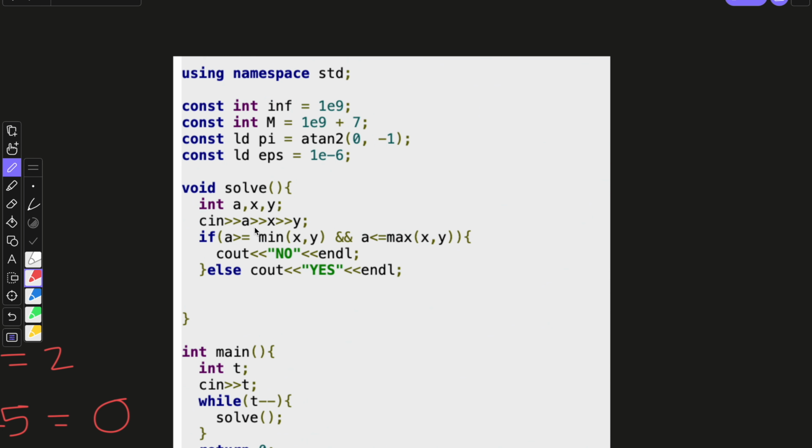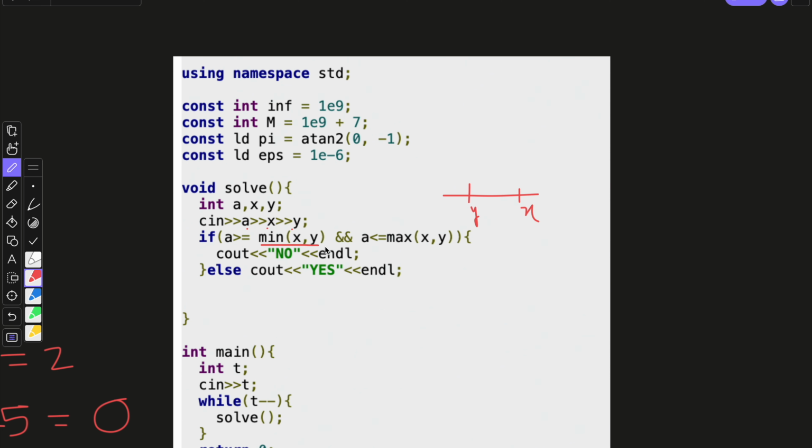Okay, so we are going to input a, x and y. If a is greater than or equal to the minimum of x and y, okay, so it could be a case that x lies here and y lies here, right?